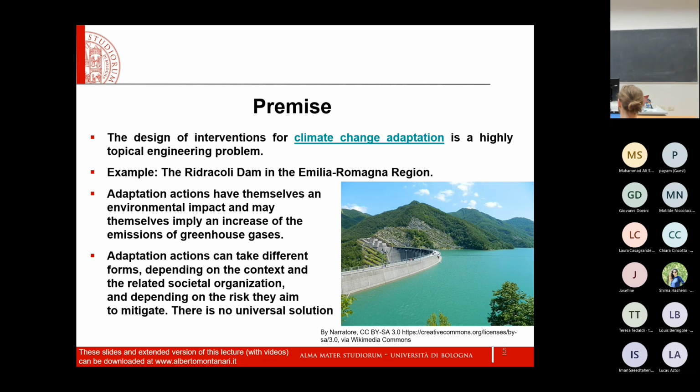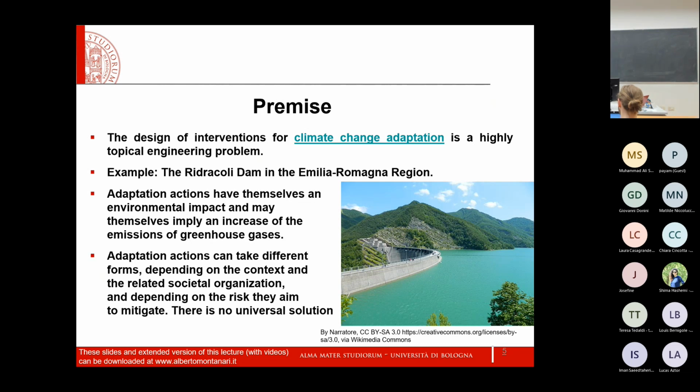And today it happens quite frequently for several reasons, including the fact that engineering is considered to be a bit responsible, at least in part, of climate change. So there is some lack of confidence in the goodwill of engineers to support climate change mitigation and adaptation.